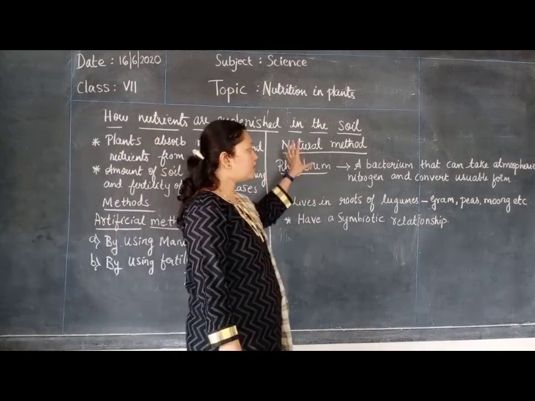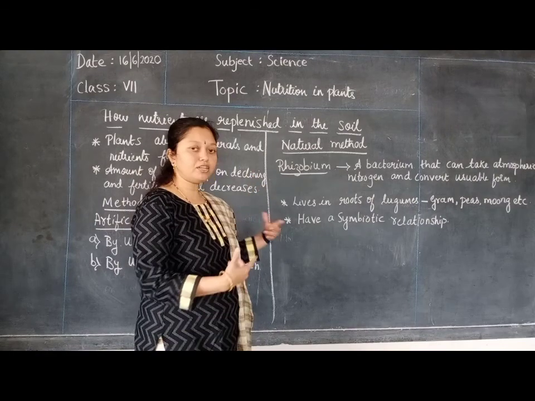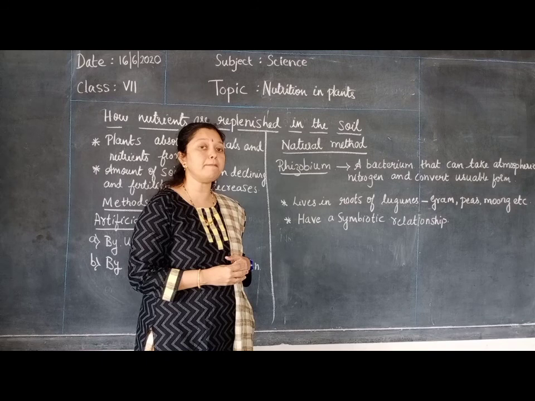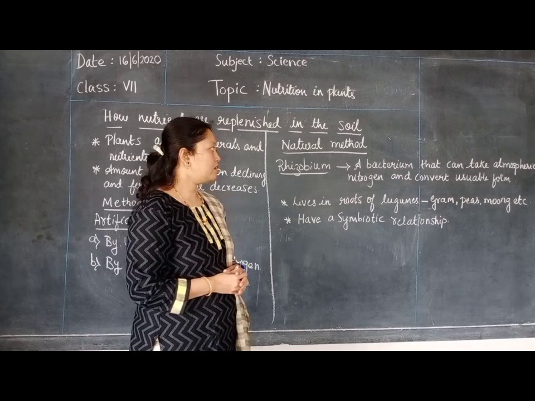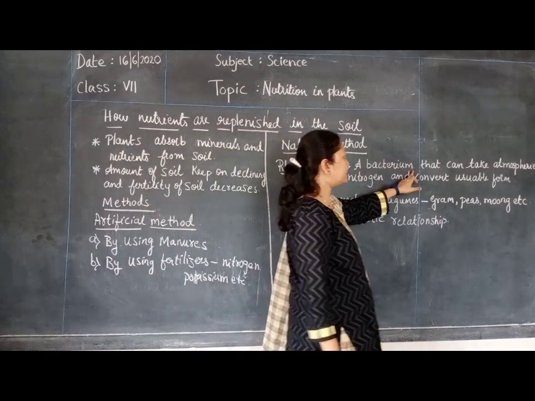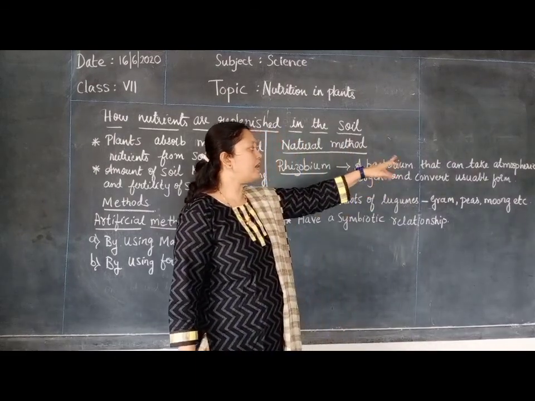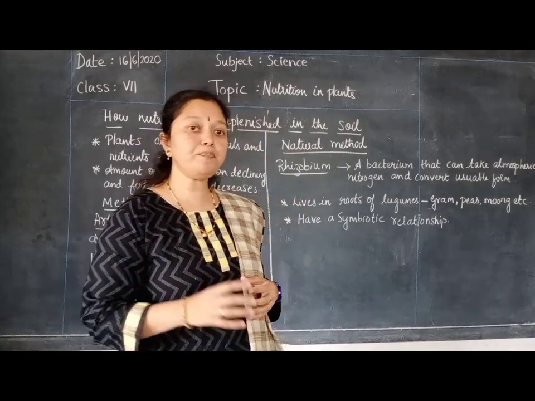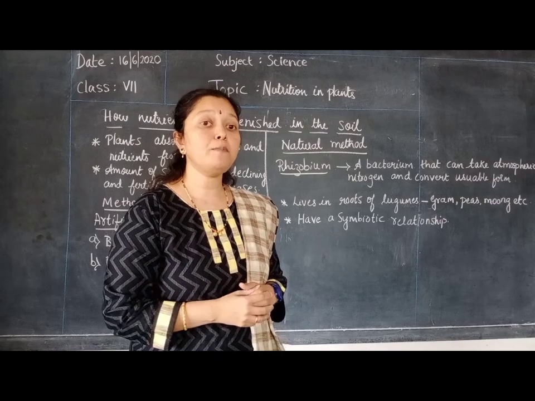Next, the natural method. I already told you in the previous class about the symbiosis process, where Rhizobium bacteria are present in the nodules of the roots of plants. Rhizobium is a bacterium that can take atmospheric nitrogen and convert it to a usable form. I told you that nitrogen is required for plants to prepare food, in the form of proteins.